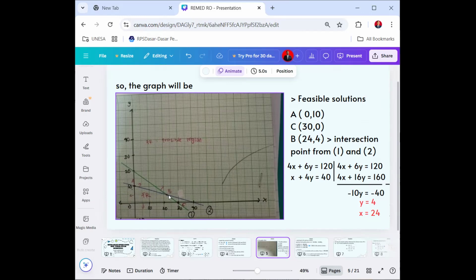I call this point B. And how we get the point is to eliminate equation 1 and 2. Then we will get the y or the x value, and we substitute the value into the equation, and we'll get the other one like that.